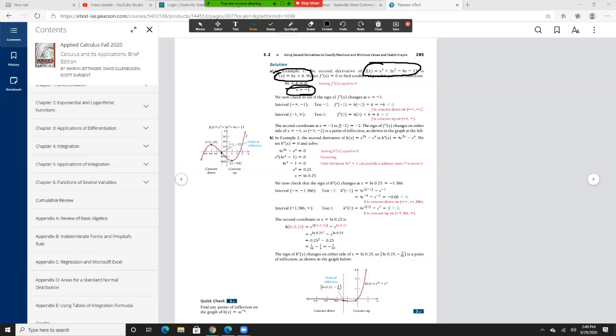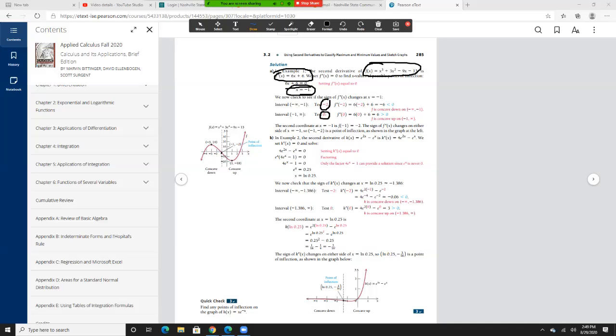And we just want to verify that it is a point of inflection. So pick any value of x to the left of that point, and then pick any value of x to the right, and you can test to determine whether or not this did indeed change concavity at -1. They chose to use a test value of -2 for the left side, and then they chose to use 0 for the right side.